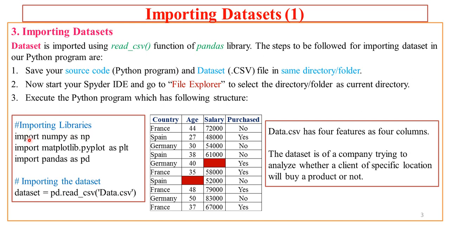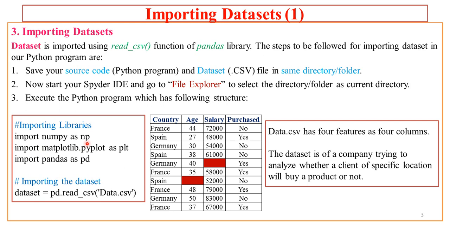So as I said in the first lecture of this particular topic, data preprocessing in machine learning, we need to import three libraries always, but for now we'll be using only pandas. But just to be habitual of using these libraries in our machine learning algorithms, I will be repeating these steps every time.